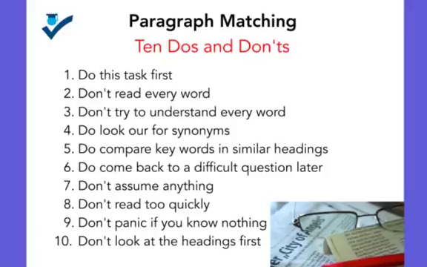So try to look at each paragraph for what it's about. Get rid of all background knowledge that you have about the topic. Try to have a feel for the general meaning of each paragraph first.